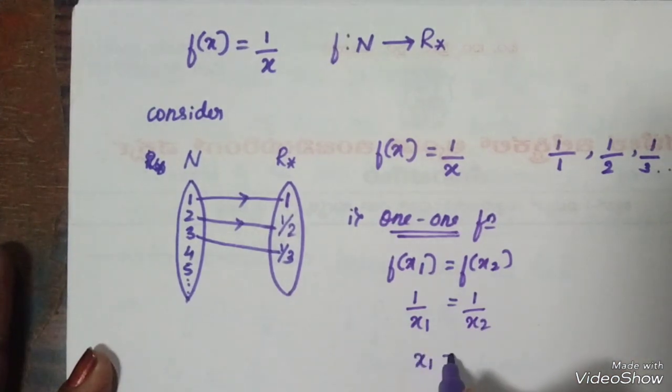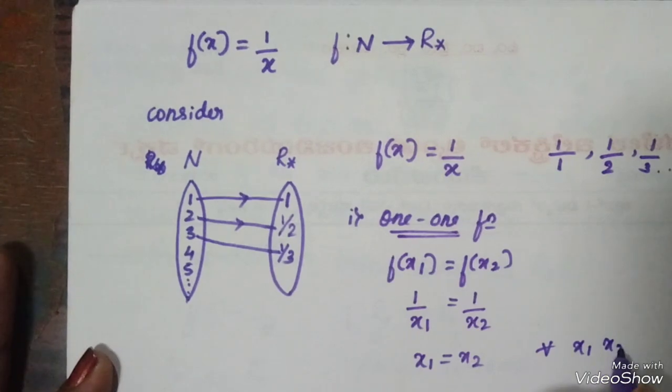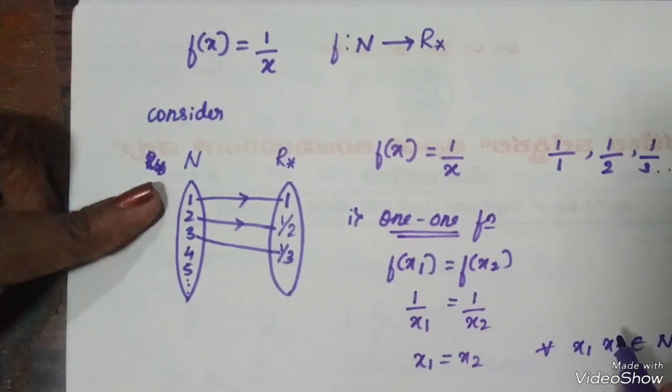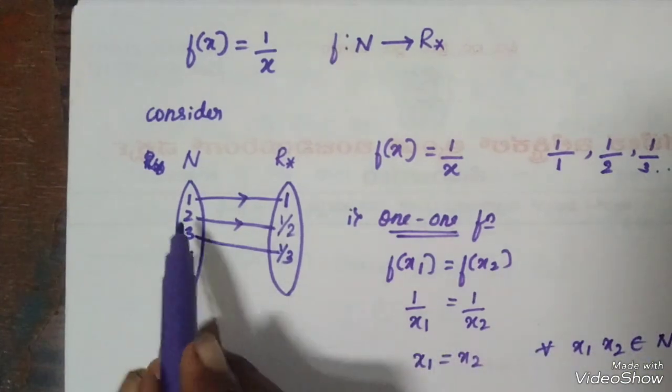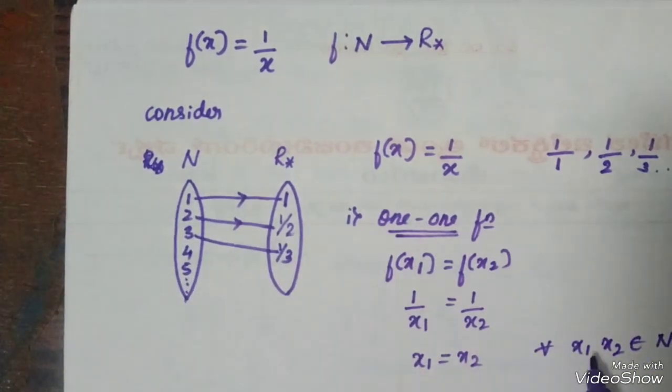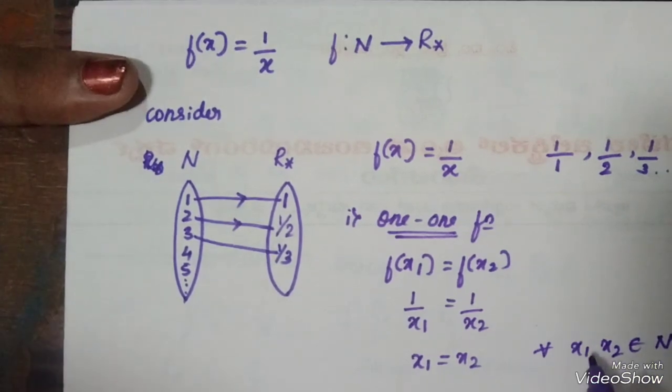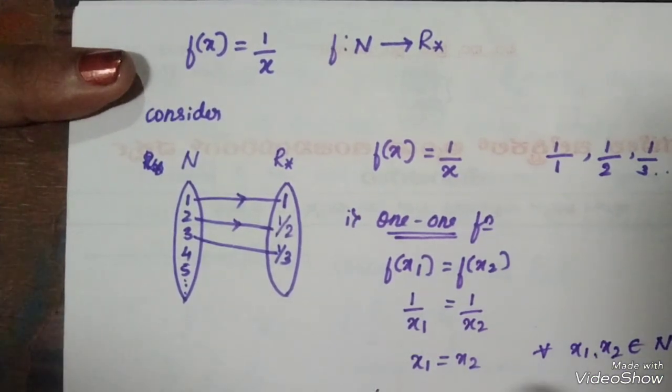Replace, x1 is equal to x2 for every x1 and x2 that are natural numbers, because x1, x2, x3 and so on, whatever values we have taken, are from the natural numbers. Okay, then it is 1-1.